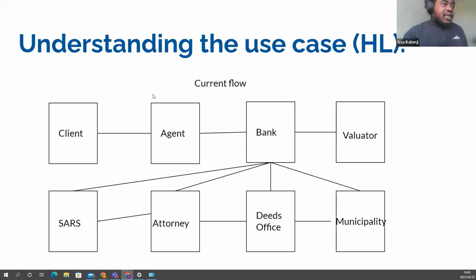The problem with our current flow is that the transfer of information and transactional data is not asynchronous. It's a synchronous process. So it goes from one end to the other, and that is what actually increases the amount of time it takes for a property to be registered.